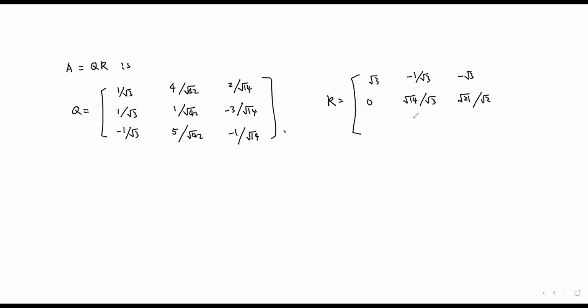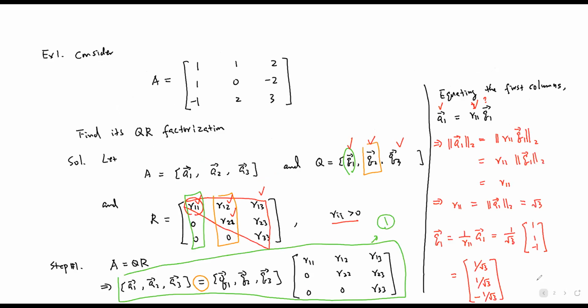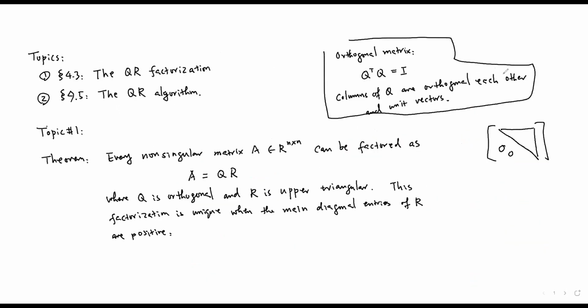The solution in this example is a typical algorithm to compute the QR factorization of a matrix. This is topic one, only one theorem. Take a review of the theorem.